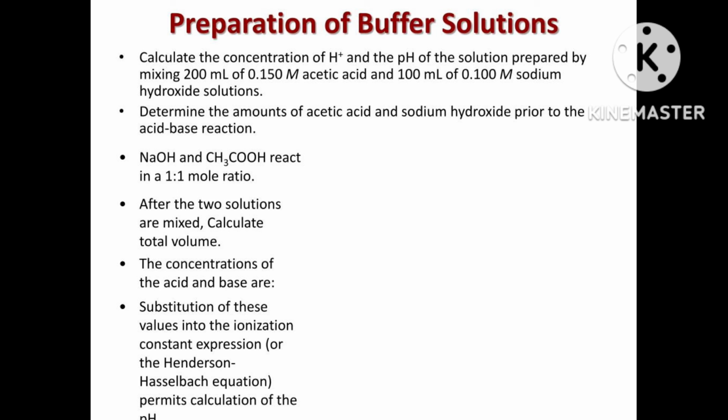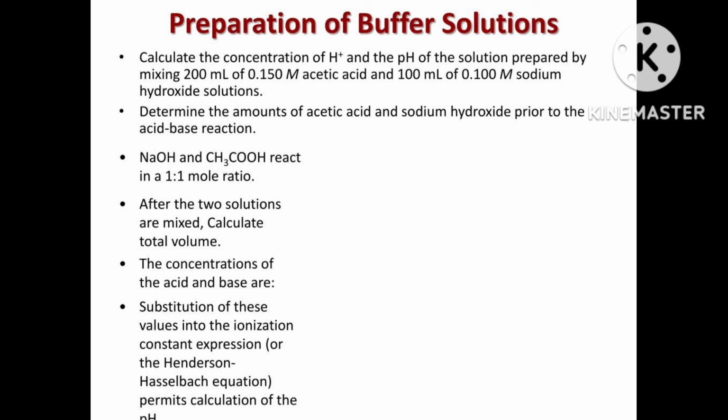The pKa value for ammonia, I have already told you, is 9.25. You should always remember this, it is common.